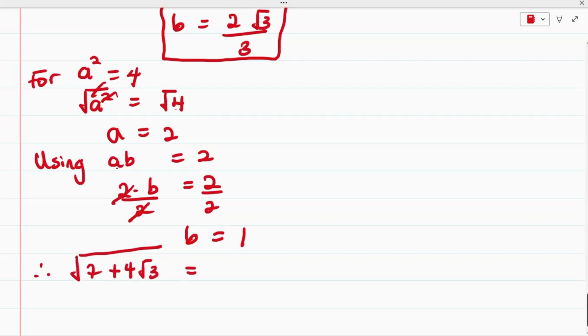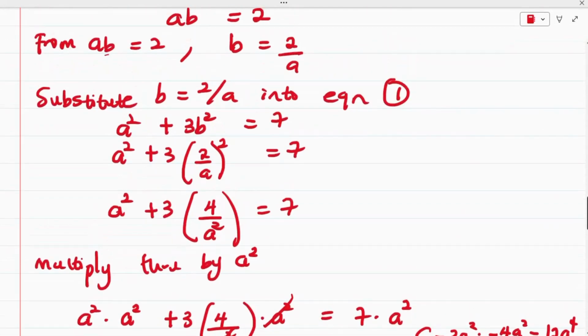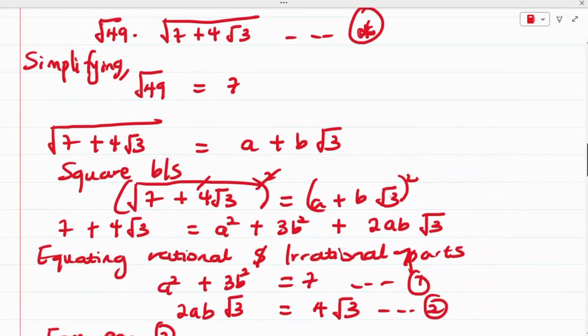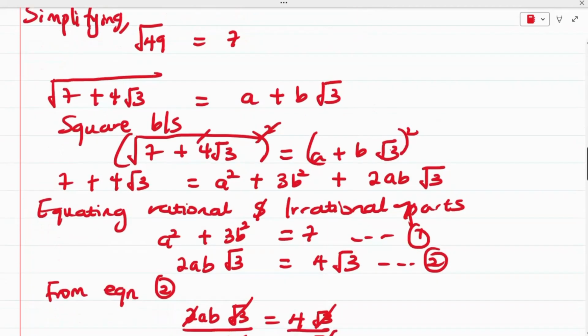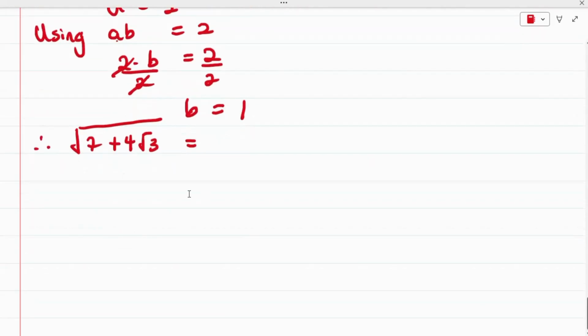So therefore, we can say that the root of 7 plus 4 root 3 is equal to, now I want to simply recall that we assumed that the square root of 7 plus 4 root 3 is equal to a plus b root 3, right? We simply assumed that right here. And we have two values of a and b.